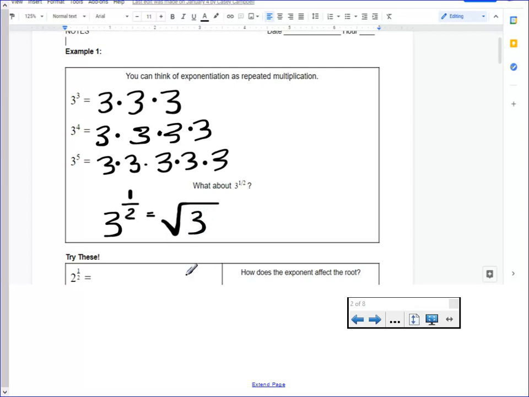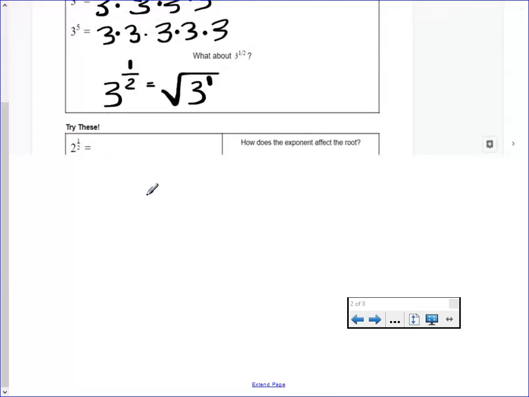So both numbers of your fraction are important. They tell you something about what you're going to be doing. The bottom number tells you if it's a 2, it's going to be a square root. If it's a 3, it's going to be a little cubed root. If it's a 4, it's going to be the square root with a little 4 in here. And then the 1 tells you the exponent of the number. So this would be like 3 to the 1st power. But you don't actually have to say 3 to the 1st power because 3 to the 1st power is just 3. So when you see 3 to the 1/2 power, it is just the square root of 3.